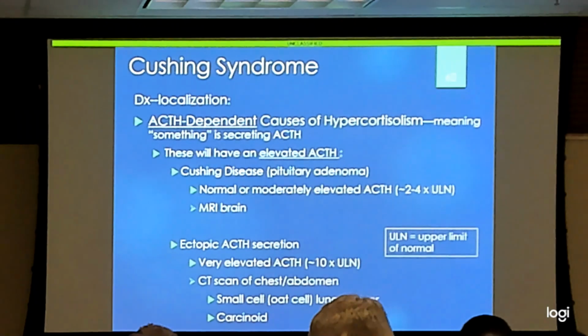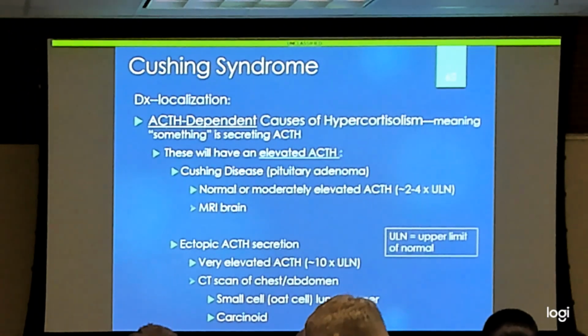Remember the normal range, multiply that. Or if I have 10 or more times the upper limit of normal, that's insanely elevated, as in a paraneoplastic syndrome, because it shouldn't have been elevated in the first place. So understand those two causes.